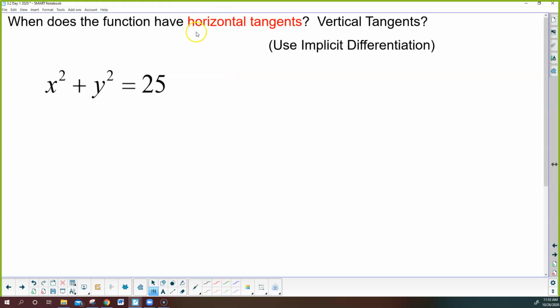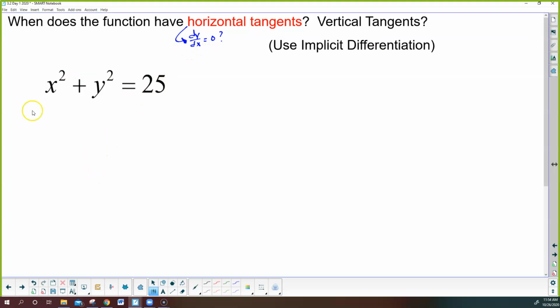Well, I want to think about what we know about a horizontal tangent. Well, tangent lines have slopes. If it has a horizontal tangent, then we're looking for when the derivative, when is dy dx equal to 0?